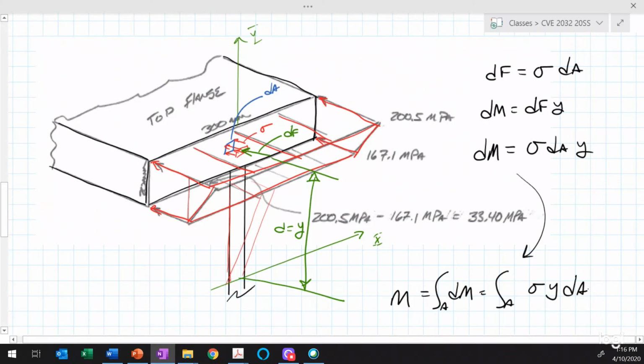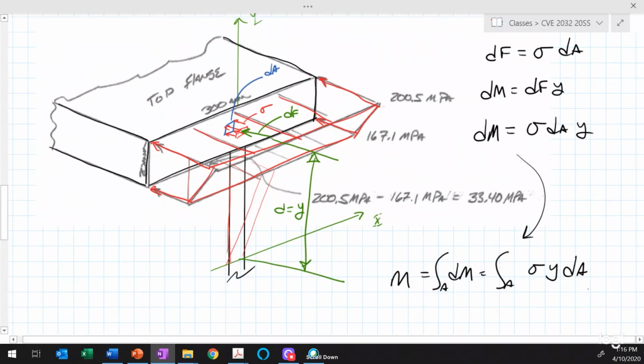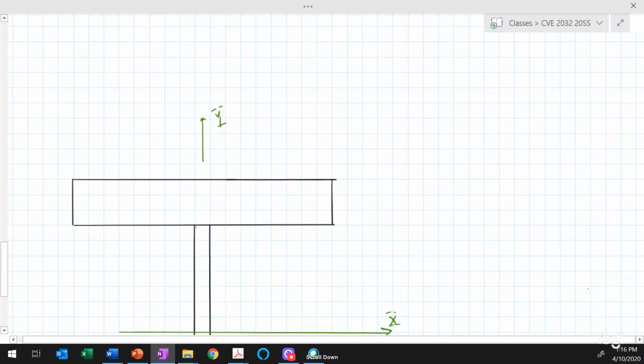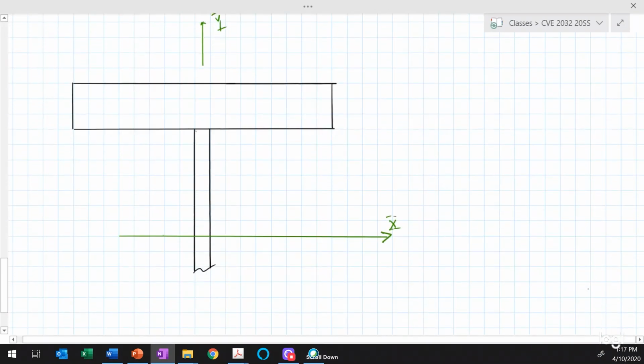All right, now let me take that and then we'll scroll down a little bit more where I have the same image, but now I've just got it drawn in cross-section instead. So it's a sectional view here. And what I'm going to do is start off with that same equation that I just wrote, that the moment is equal to the integral over the area of sigma times y times dA.